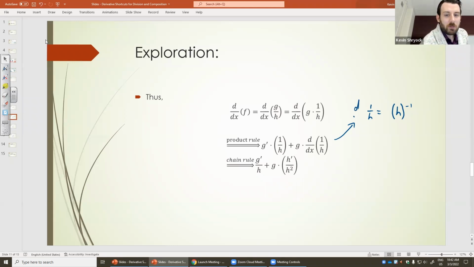Well, if I do the derivative of both of these, this one over here is going to be where I have that -1 layer, so that -1 comes down. The inside stays the same, and I decrease it to a -2. That's the derivative of that first operation, that outermost layer, right?